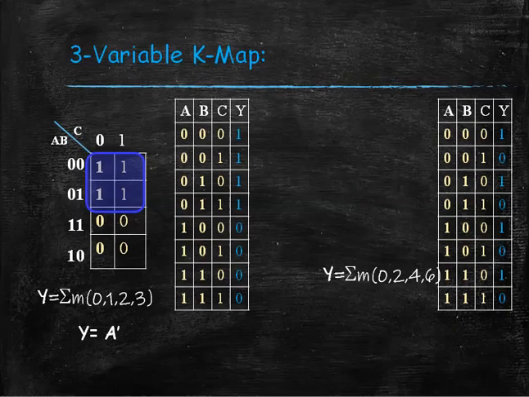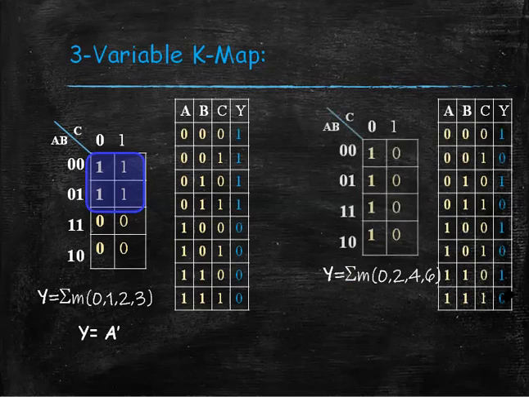Here also there are 4 ones, corresponding to 0, 2, 4 and 6. The Karnaugh map can be drawn like this, with the positions of 0, 2, 4 and 6.